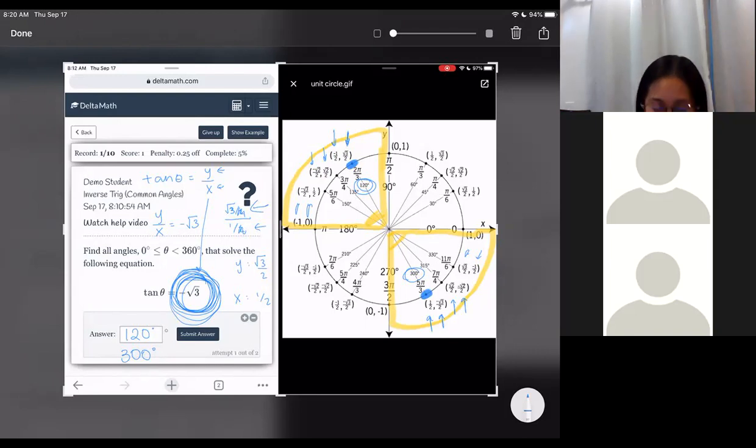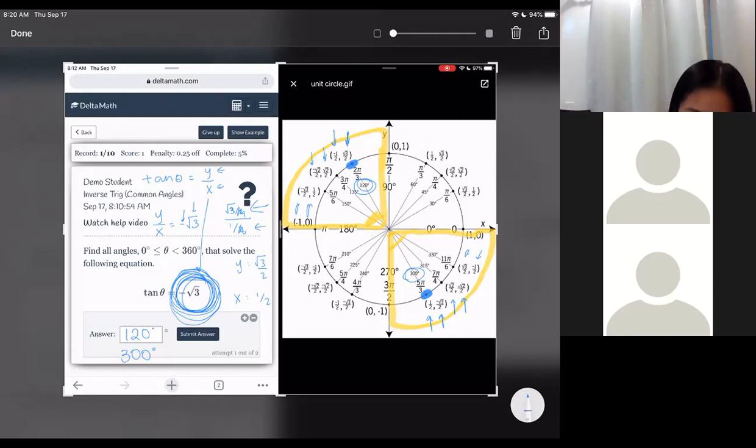I sectioned off those quadrants because one of x and y is negative and the other is positive, so that when you divide them, you can get the negative result. And then you have to think about the number part, the radical 3. How can you get radical 3 by dividing two things? Radical 3 is the same as radical 3 over 1. But remember, everything on the unit circle is over 2.